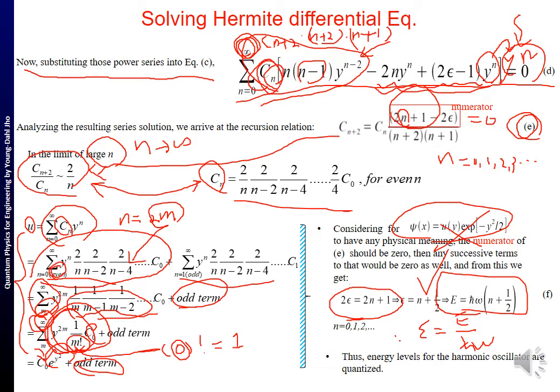And the important thing here is n starts from 0, not 1. It starts from 0. Thus energy levels for the harmonic oscillator are quantized, and this is the form of quantization.